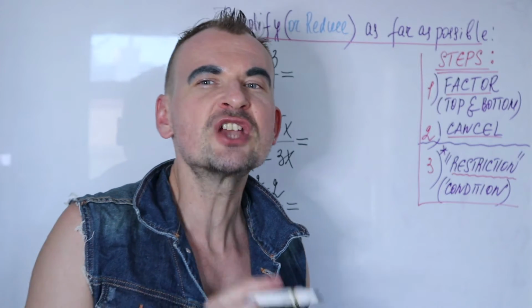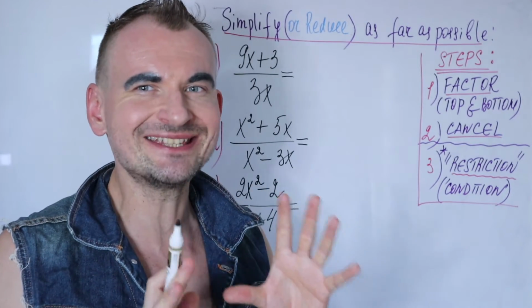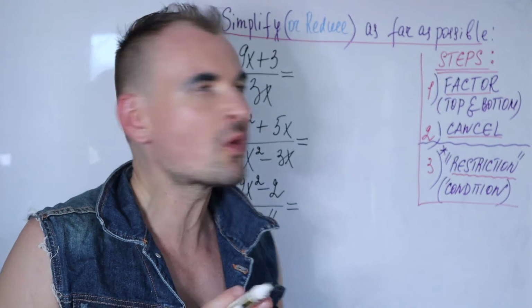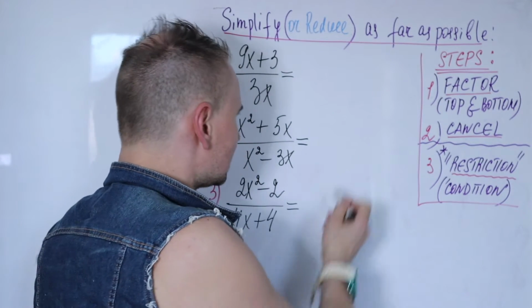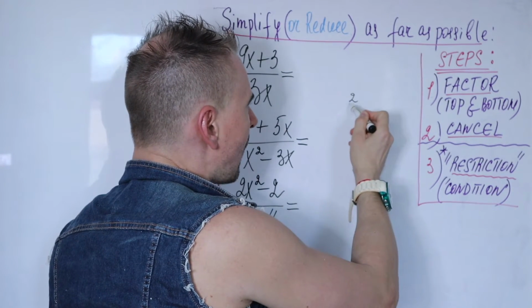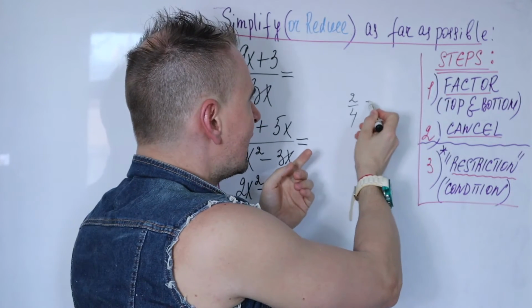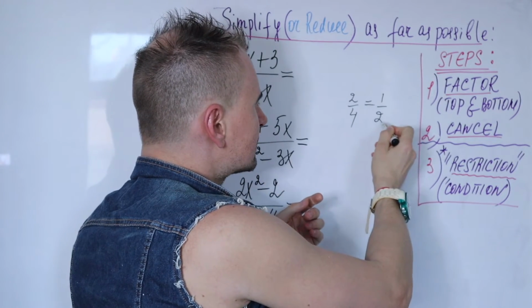And we always write the fraction in its simplest form possible. So we normally do not write, let's say, 2 over 4. Instead of 2 over 4, we would rather write 1 over 2.